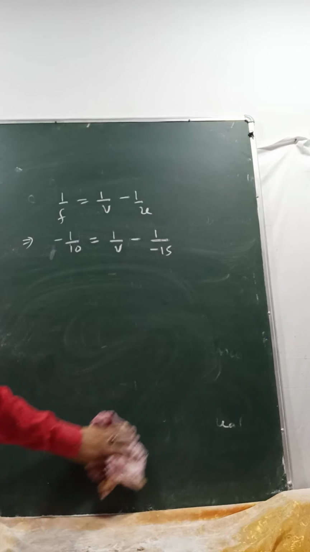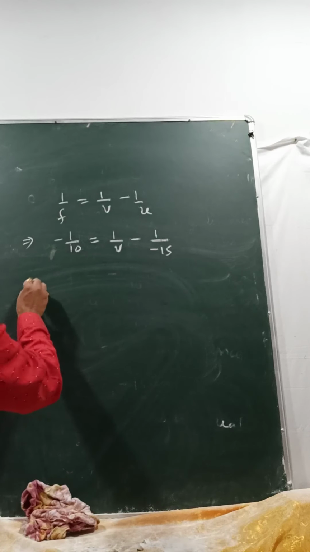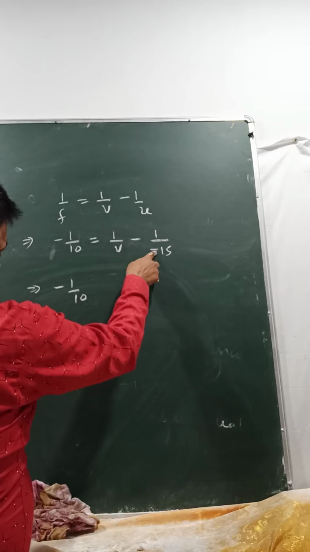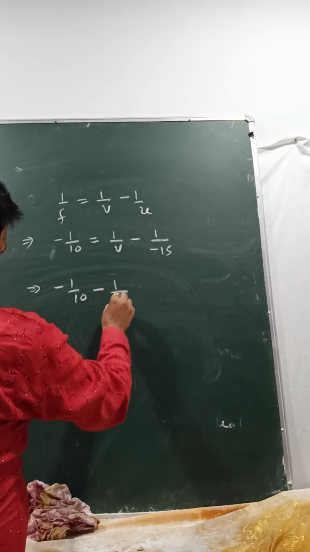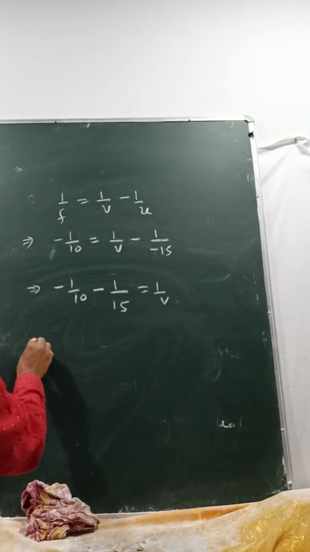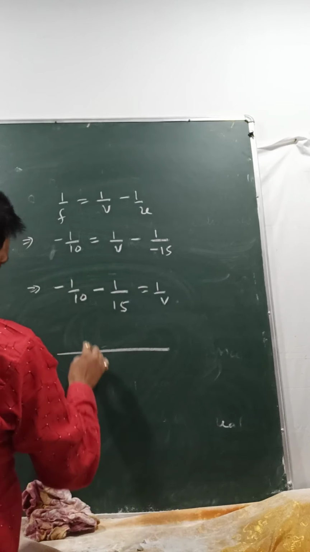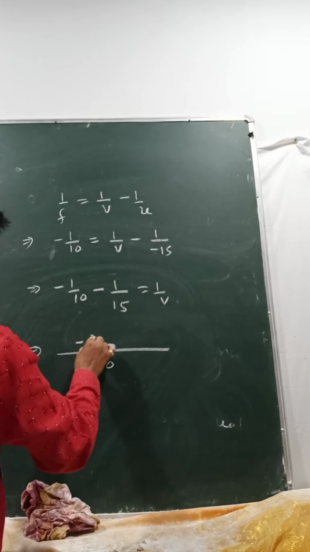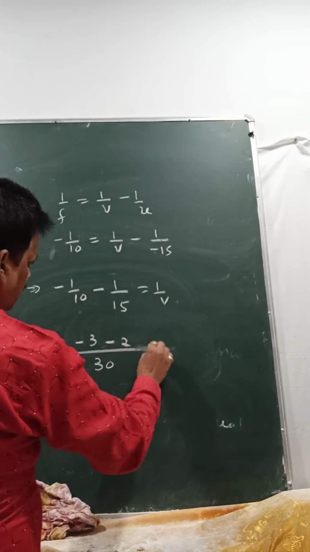If you simplify, minus 1 by 10 minus 1 by 15, with LCM 30, is minus 3 minus 2 by 30, which equals 1 by v.